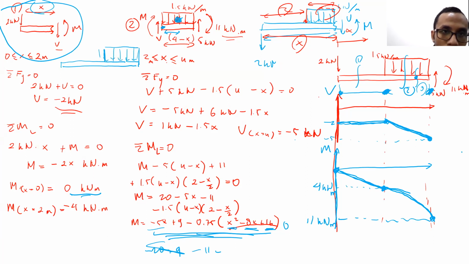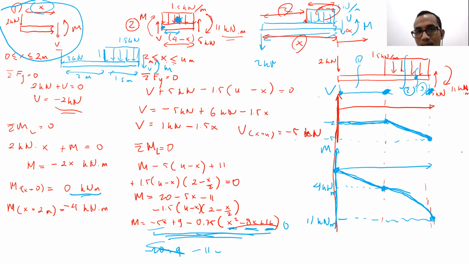I will still draw the distributed force first. The length from here to here is 2 meters. The length from here to here is 1.5 meters. So this is the free body diagram, right?